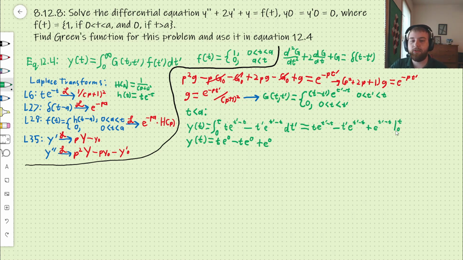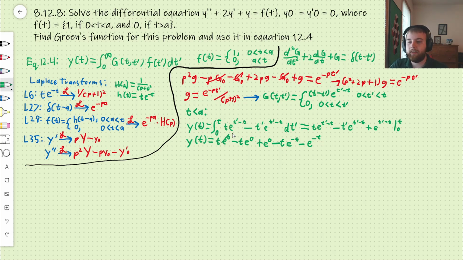Then remember, we have to subtract the lower limit of integration. When t prime is 0, this is t e to the minus t, and that turns into a plus. Actually, we don't have to care about that term because it's 0. Then the last term is minus e to the t.